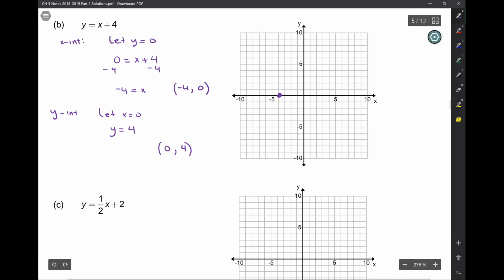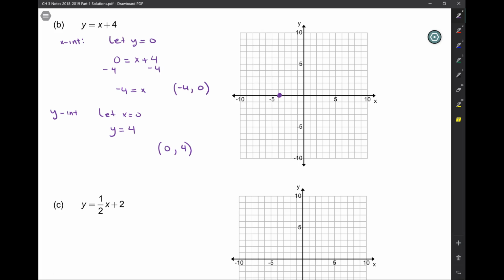How do you know when it's done like that? Right, when you have y equals a number or x equals a number, then you know you're done. Okay? What about the one on top for x? The one on top we had 0 equals x plus 4. We still don't have x equals a number.